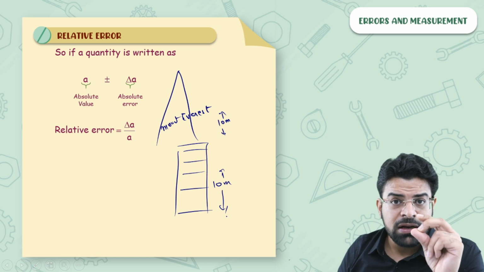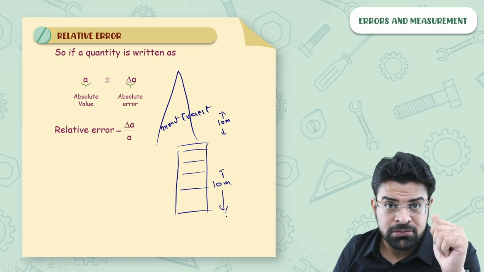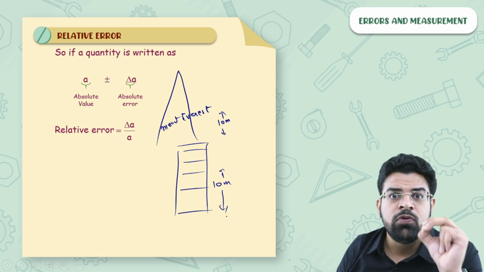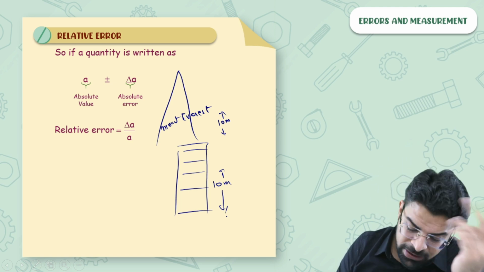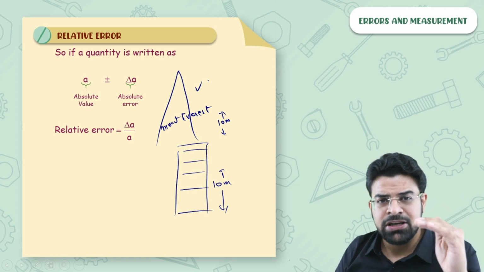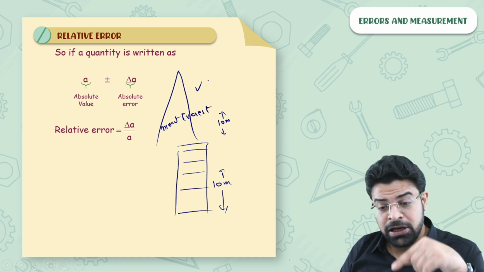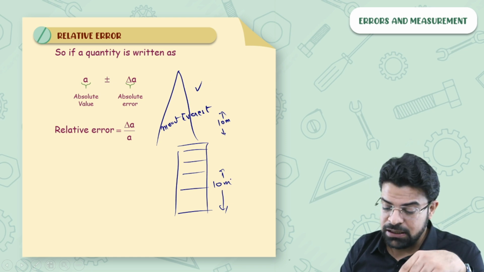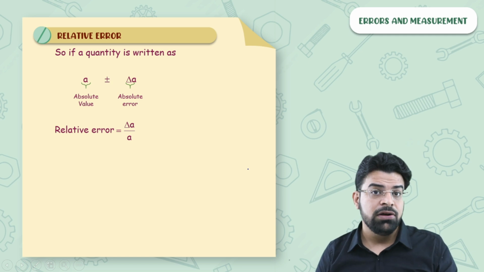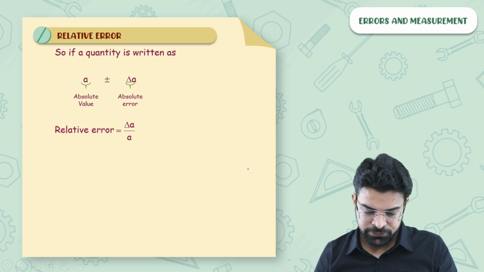So an error in measurement of 10 meter doesn't make the amount of error the same. It also depends upon what you are measuring. If you are measuring the height of Mount Everest, then an error of 10 meter is a small error. When you are measuring the height of one building, then an error of 10 meter is a big error. So error doesn't matter, relative error matters.